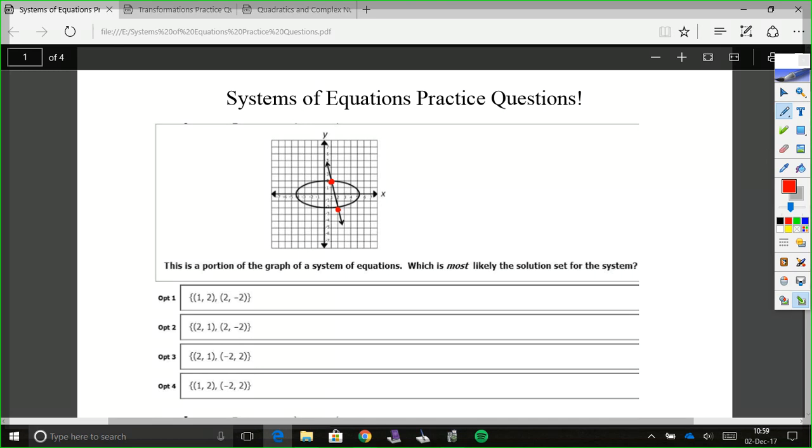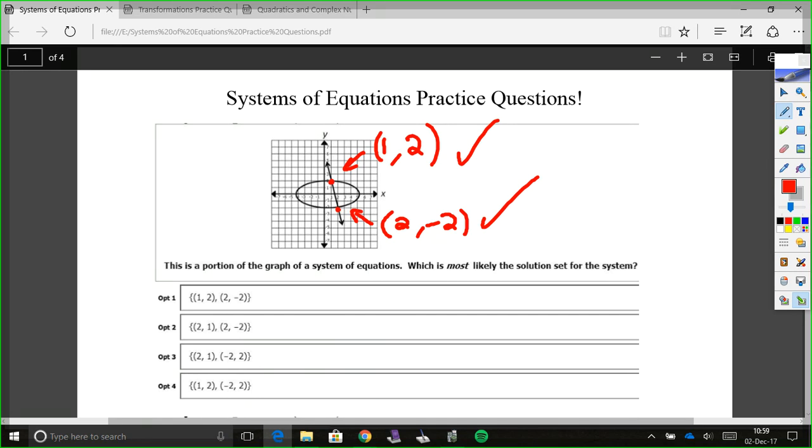All we got to do is write down the ordered pairs. So this point looks like it's at 1 on the x-axis and 2 on the y-axis. So that looks like it's the point 1, 2. And then this one down here looks like it's the point, let's see, 2 on the x-axis and then negative 2 on the y-axis. So these are the 2 solutions to that system because simply that's where those cross.